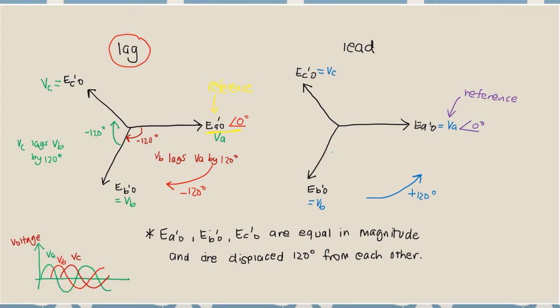Now, VA is the reference. So we are saying that VA leads VB by 120 degrees, so this is plus 120.